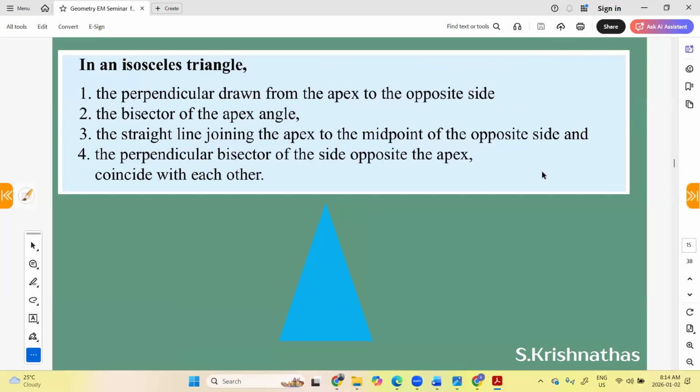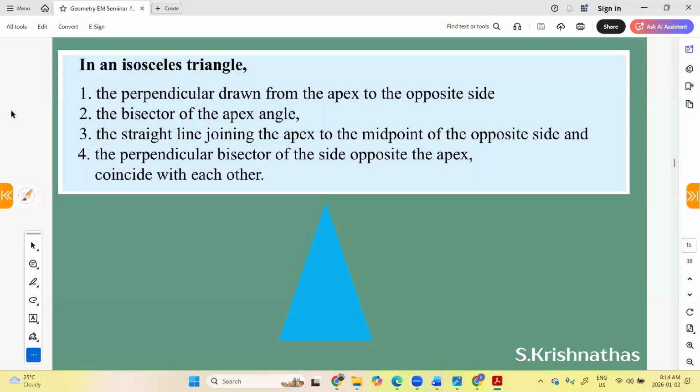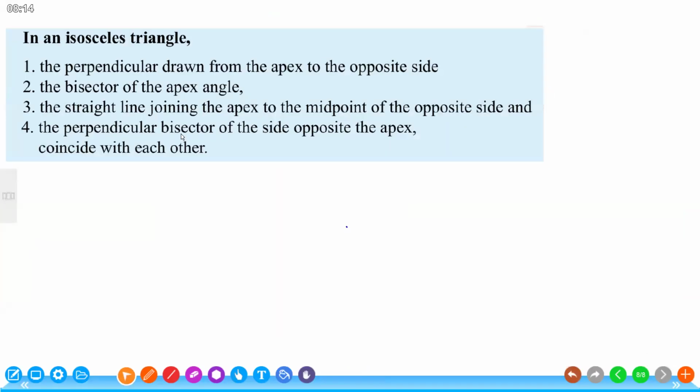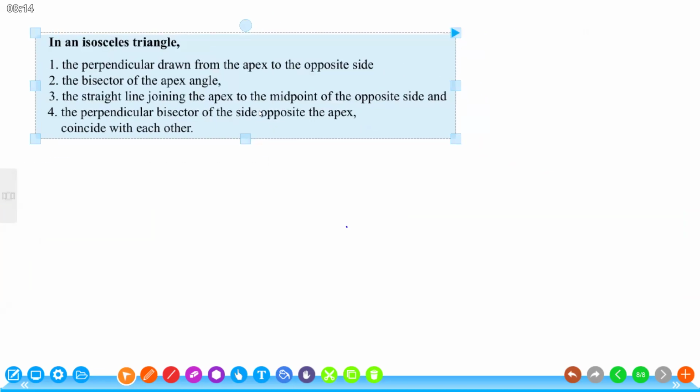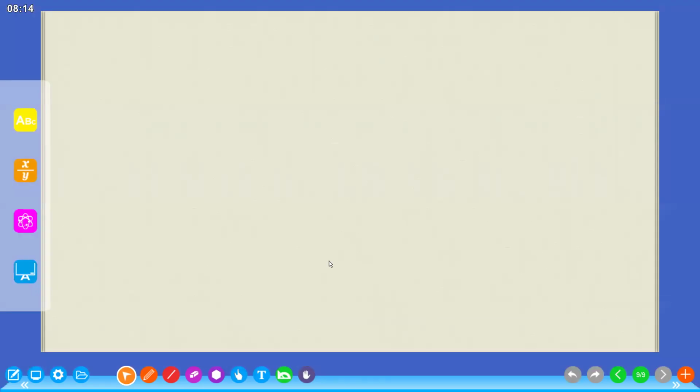Very important. Check all these conditions.